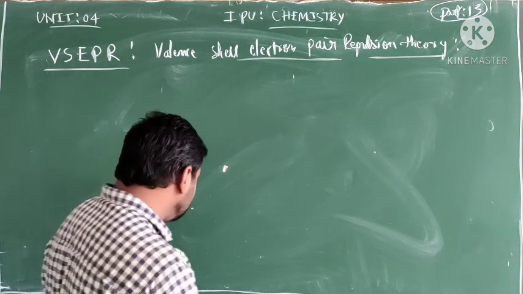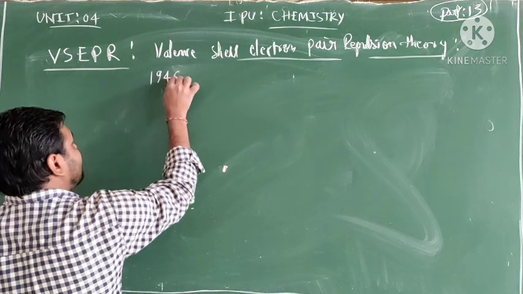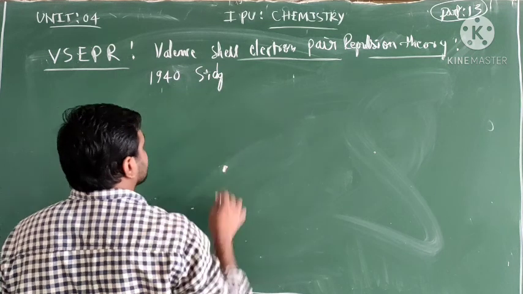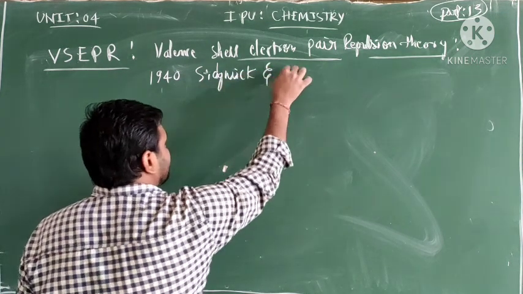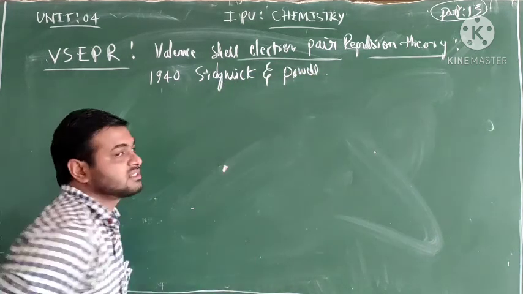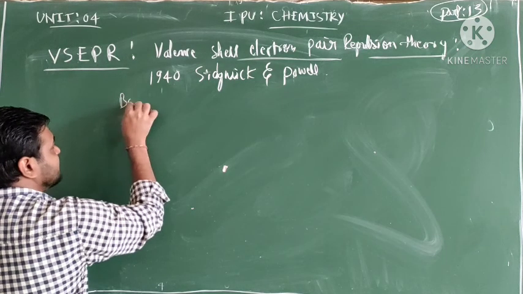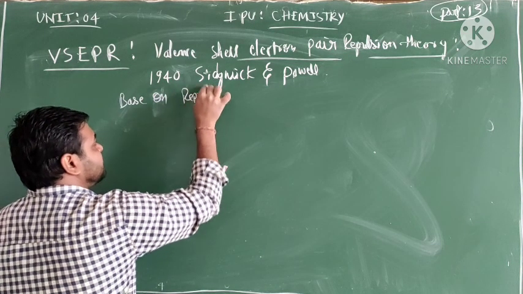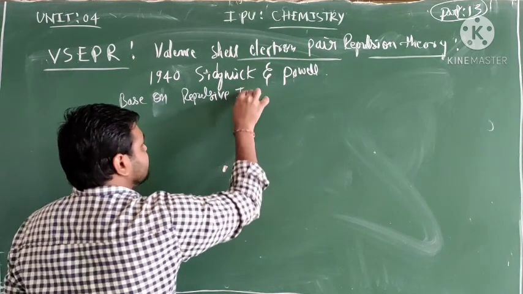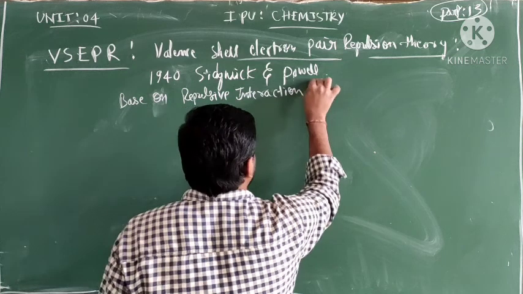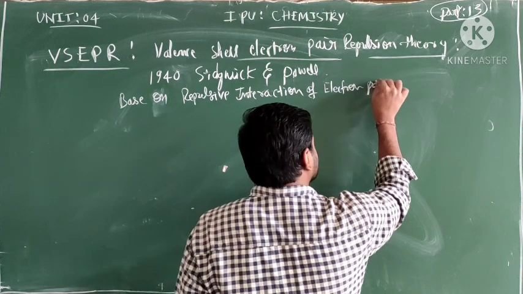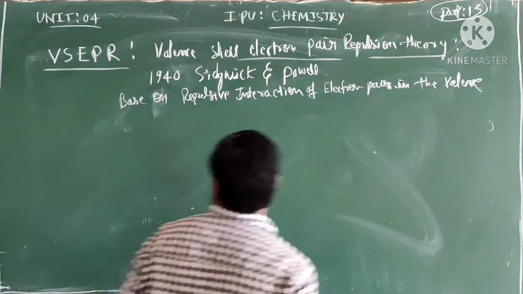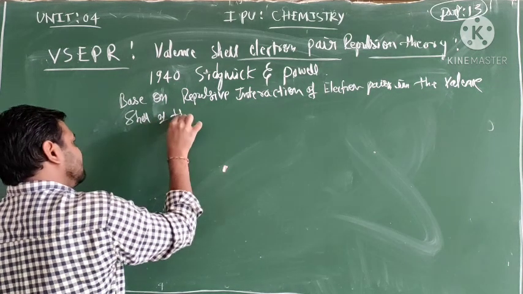Students, in 1940, two scientists, Sidgwick and Powell, based it on the repulsive interaction of electron pairs in the valence shell of the atom.